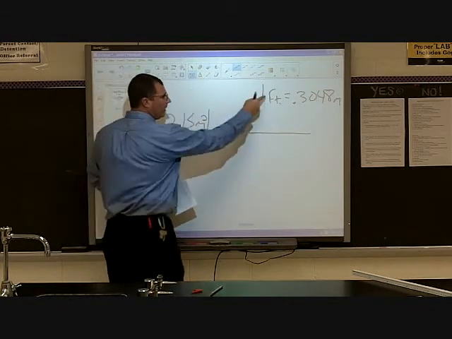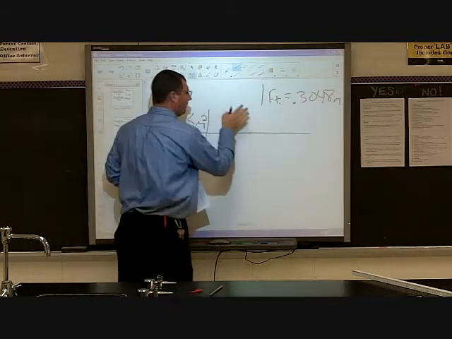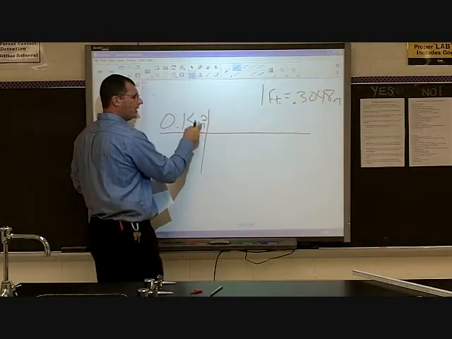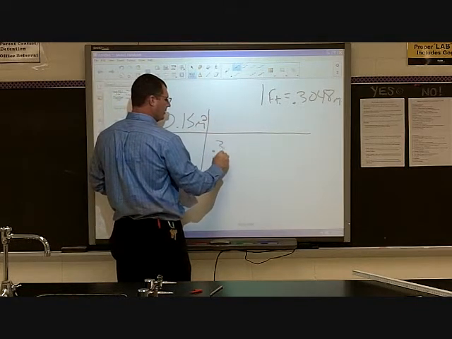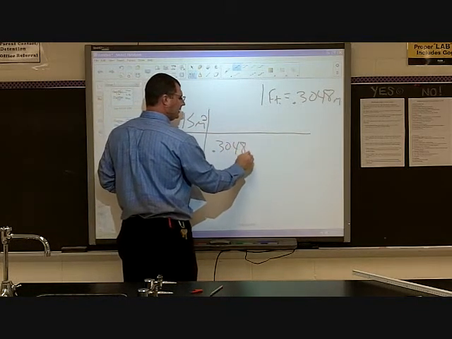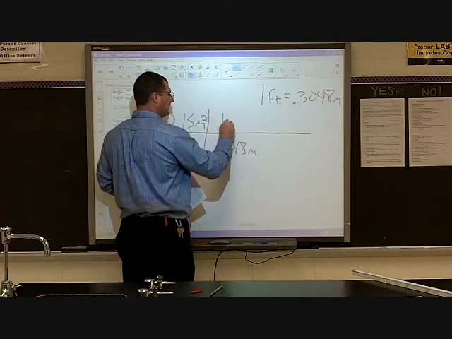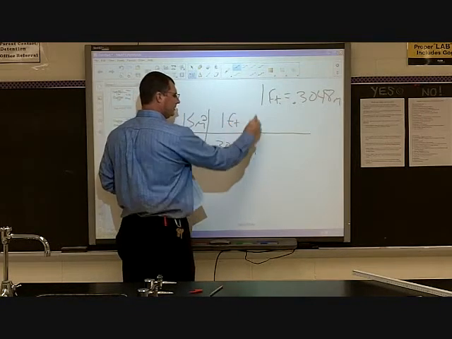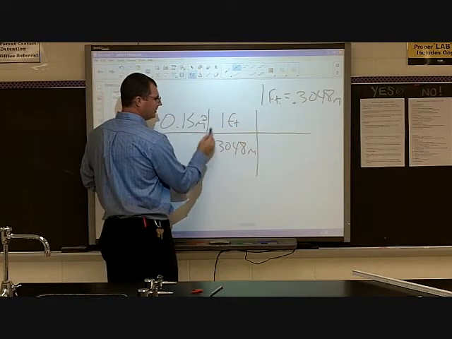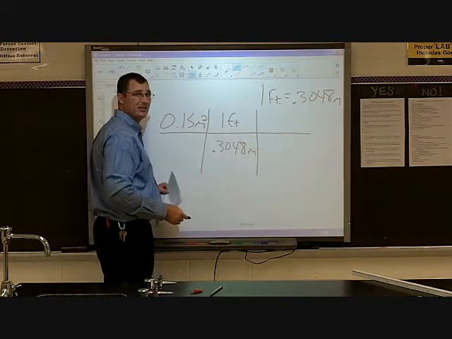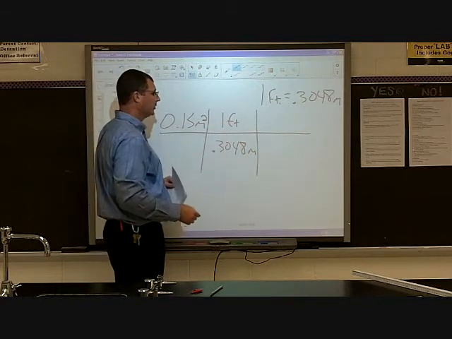Now, I got to think, do I want my 1 foot up top, or do I want my meters up top? Well, I'm trying to get rid of meters, so I want it opposite. So I'm going to say 0.3048 meters. And that's equal to 1 foot. Well, if I stop there, I've got meters squared divided by meters. That doesn't get rid of it. And I'm not in the units of foot squared.